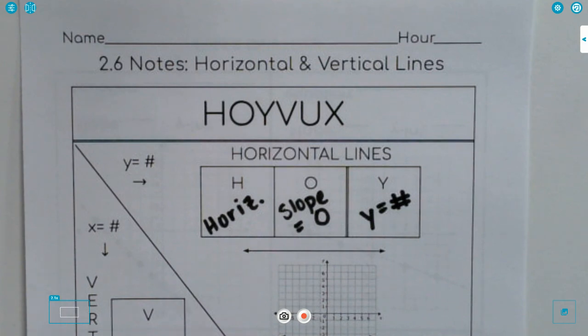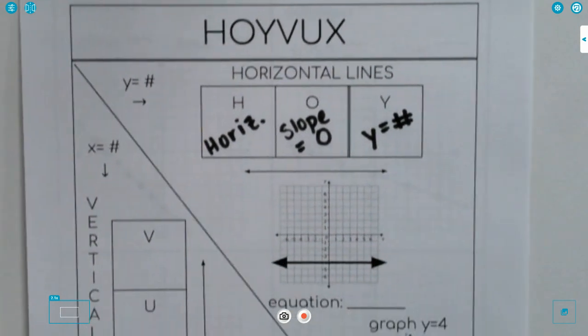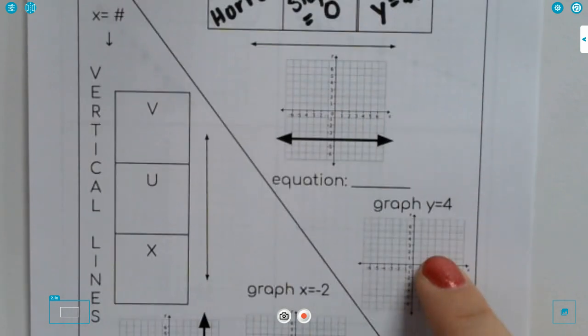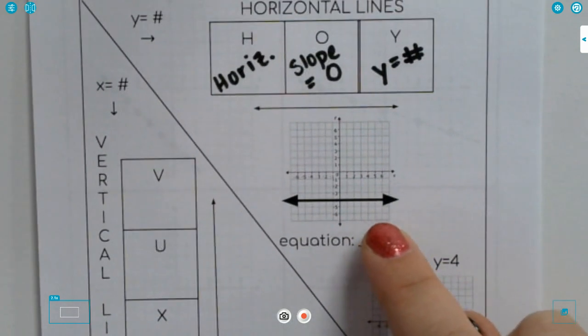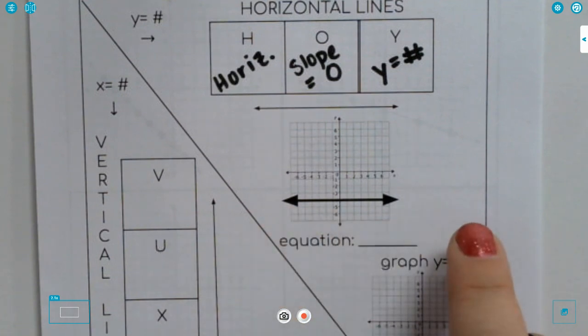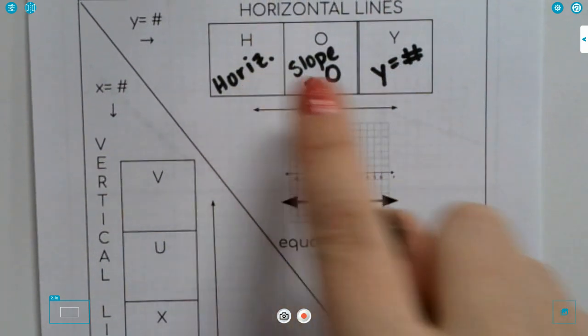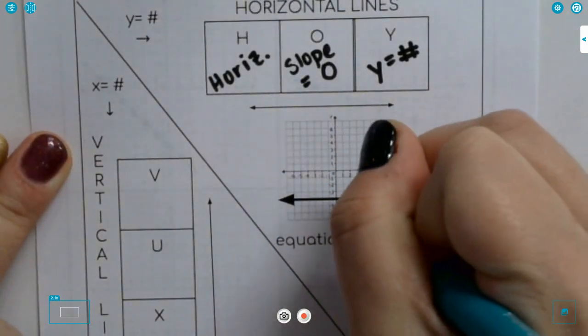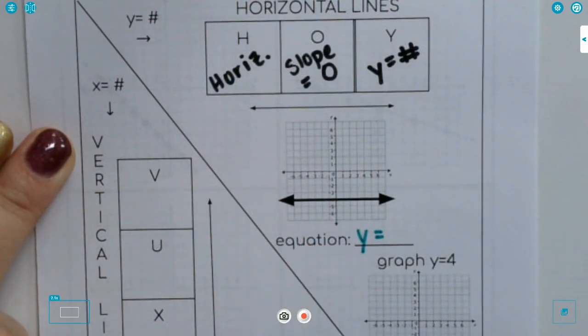Okay, down below this, we've got a couple graphs, and this one's already graphed, and then this one we're going to graph. So this one is already graphed. If we see a line that is straight side to side, we know it's going to be horizontal, and therefore it is Y equals. So our equation here is just Y equals, and then we look at where it crosses the y-axis.